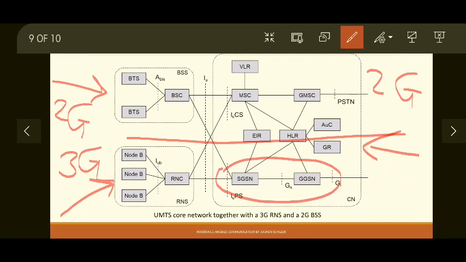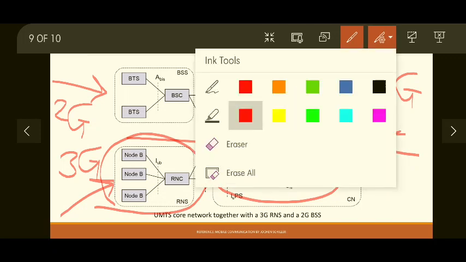We added these two components to support 2.5G. Now to the entire 2.5G, we are adding only RNS to make it a 3G network. Okay, so all the backward compatibility is provided by the 3G network. And that is possible because of this core network.